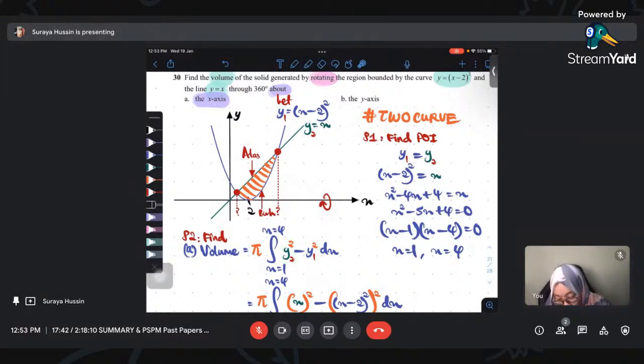So again, you gotta look at the region only. Okay, you gotta look at the region and look siapa atas, siapa bawah. Region atas tolak region bawah.